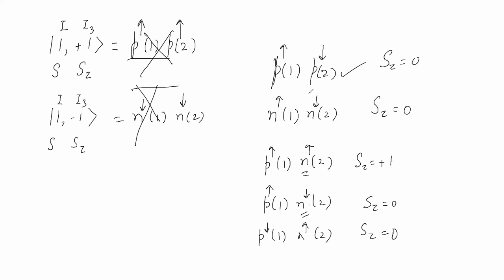Now, have you seen a nucleus where there are two protons or not? Do you know about any nucleus where there are only two protons? Or do you know any nucleus where there are only two neutrons? We know about the hydrogen nucleus where there is only one proton.